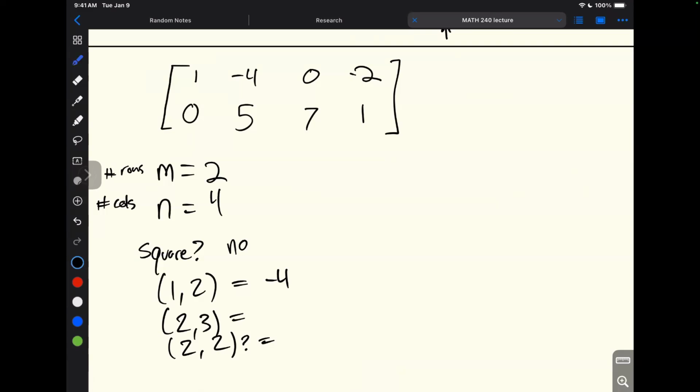What's 2 comma 3? What's 2 comma 2? 5. Right. So just to remind you, row comes first, column comes second.